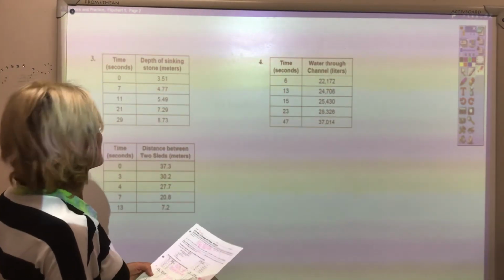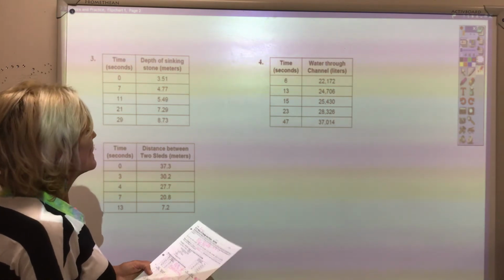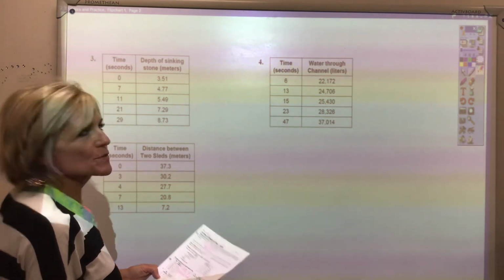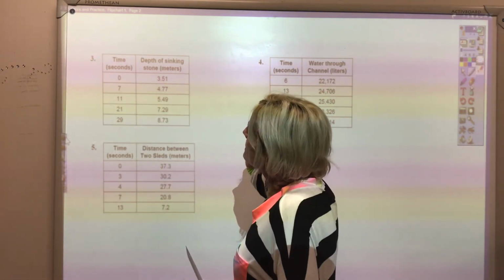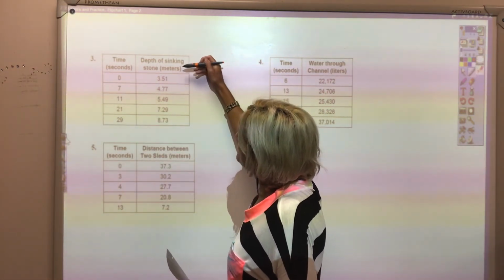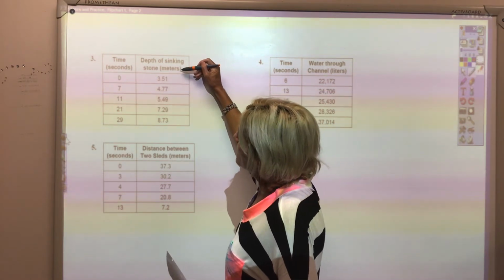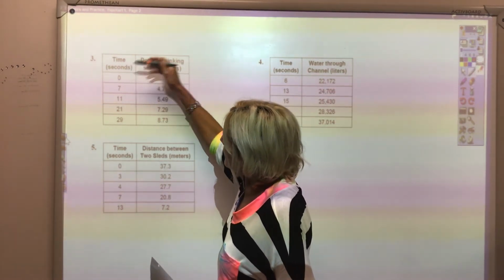Okay, let's try numbers 3 and 4. So this time our dependent variable is meters and our independent variable is seconds.